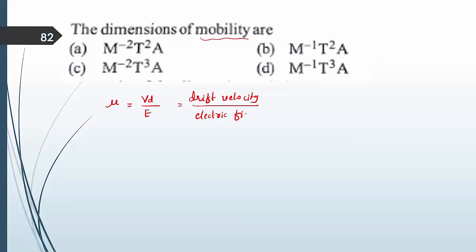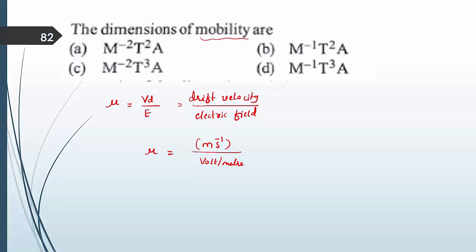About these terms you are going to study in the chapter current electricity for first year students. You are going to study these terms in second year, but second year students, you already studied this chapter. So it is easy for you to write the dimension of mobility. Drift velocity, anyhow velocity, its SI unit is meter per second, divided by electric field, its SI unit is volt per meter.